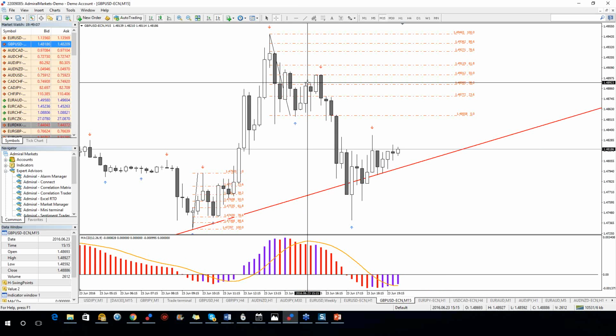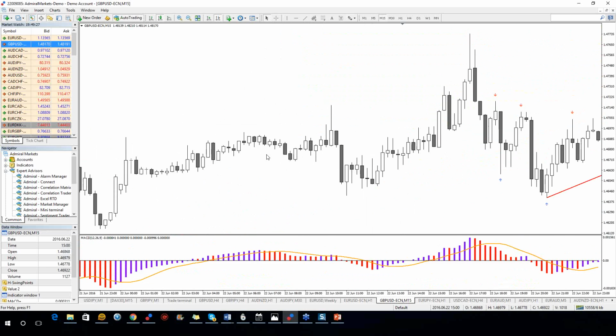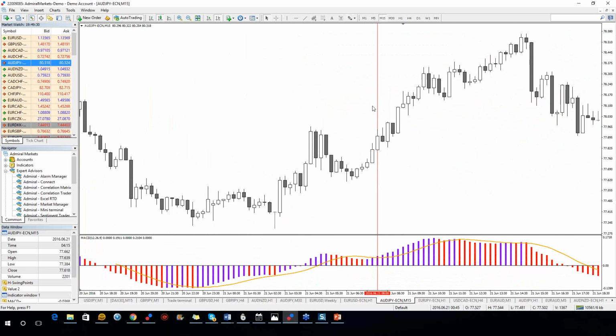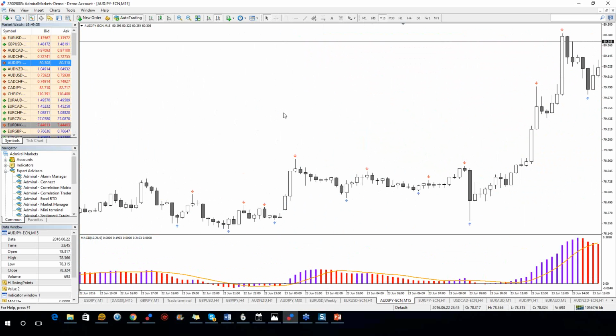But here at this point it was a bit higher than the previous histogram. So this could have been your entry. But the thing is, you see, the price turns violently. Today is not a good day to show examples because of Brexit, there is a lot at stake, so price goes simply up and down. It's better to go to history and try to find better examples. But you see, the logic is the logic.